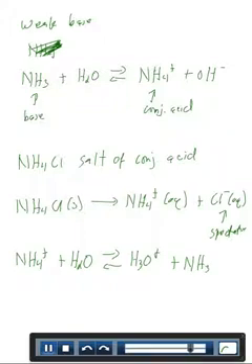Now we can do a similar adding of reactions, where we take this reaction and add it to the autoionization of water, and we will get Ka for the conjugate acid is equal to Kw over Kb.